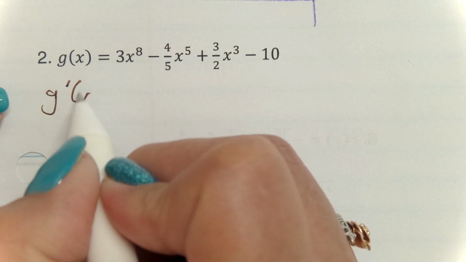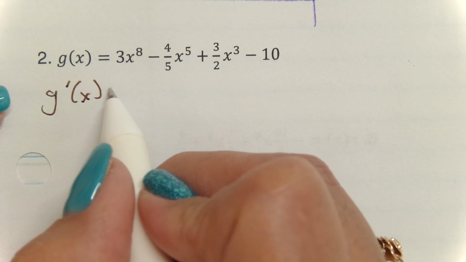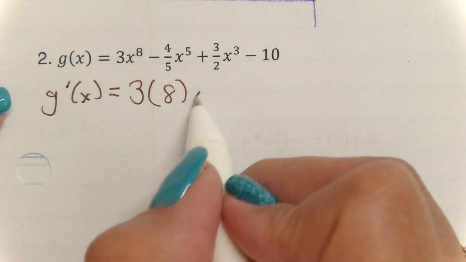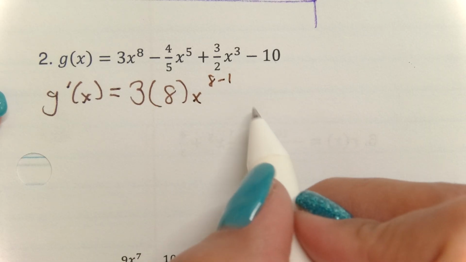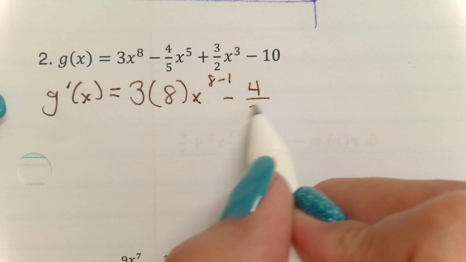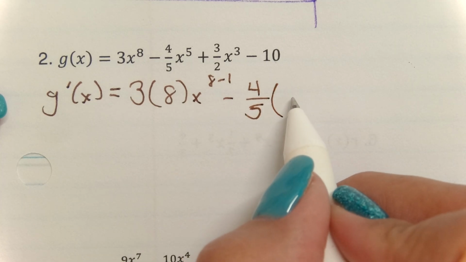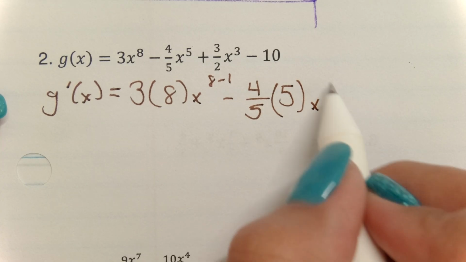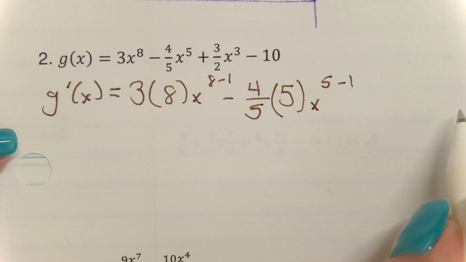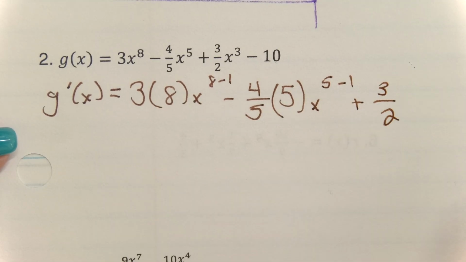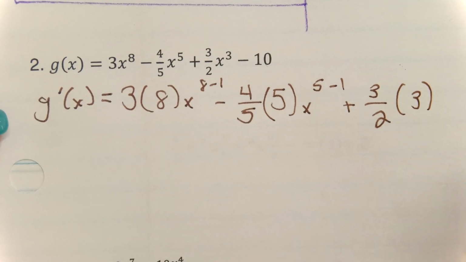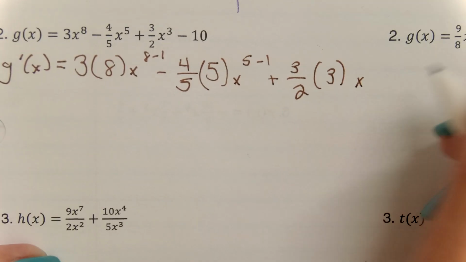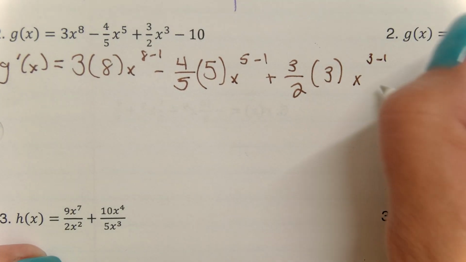G prime equals 3 times 8 x to the 8 minus 1, minus 4 over 5 times 5 x to the 5 minus 1, plus 3 over 2 times 3 x to the 3 minus 1, minus 0.